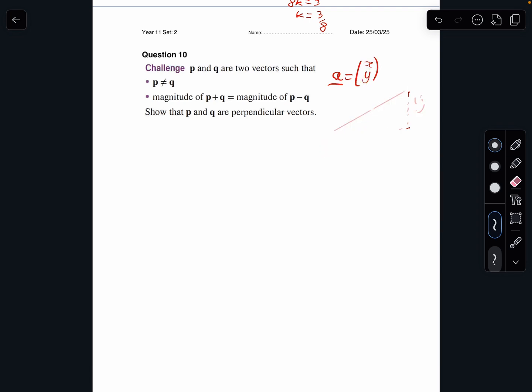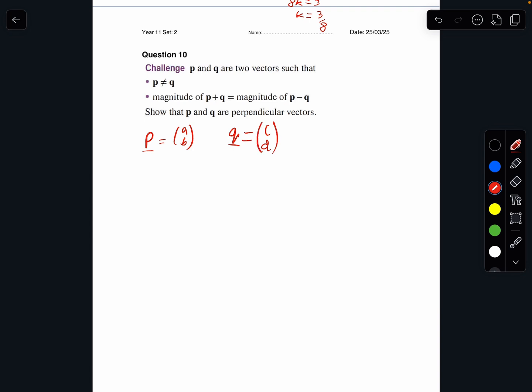So effectively, I am going to try and show that these two have negative reciprocal gradients. I'm going to let P be equal to, I don't know, AB, and I'm going to let Q equal CD. Just two different letters.